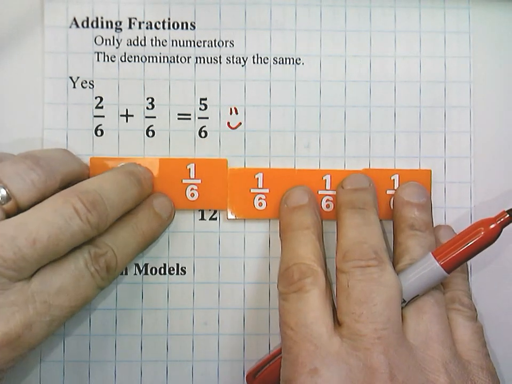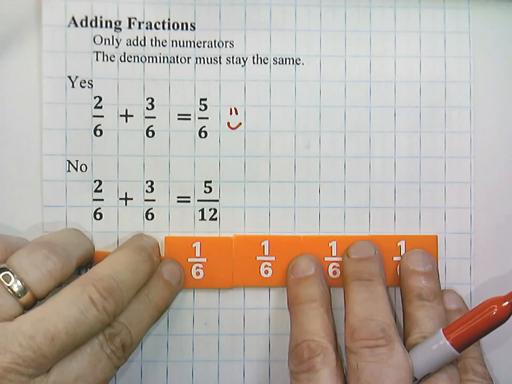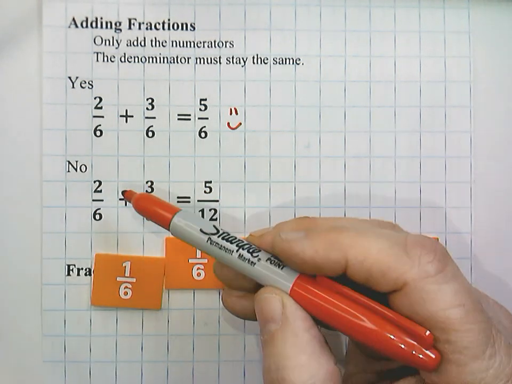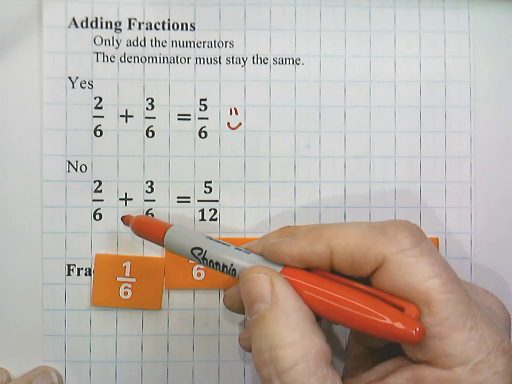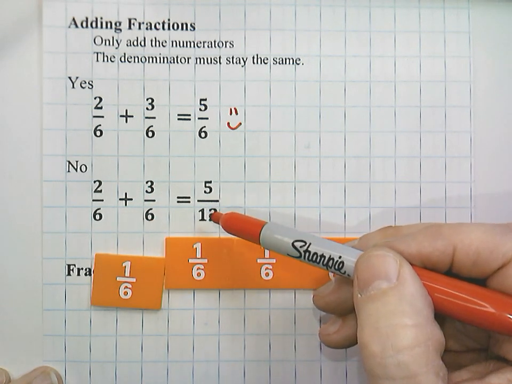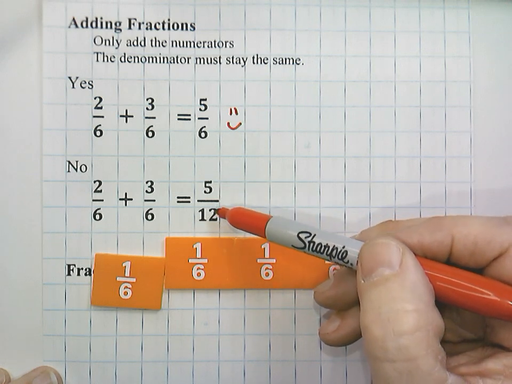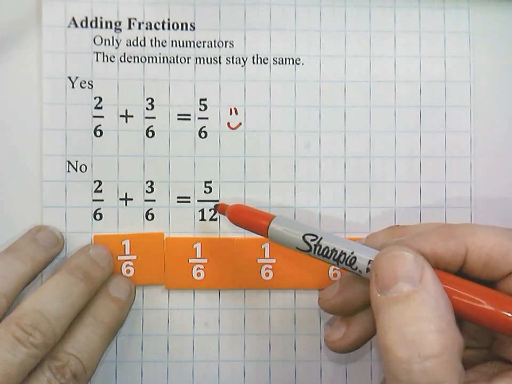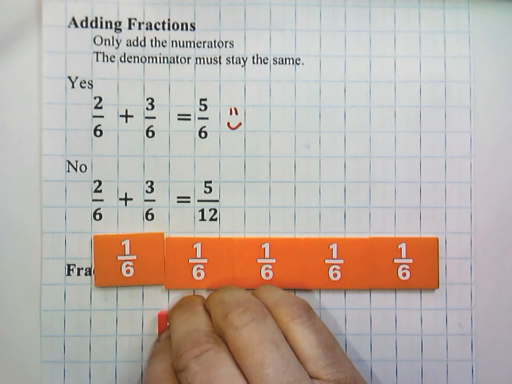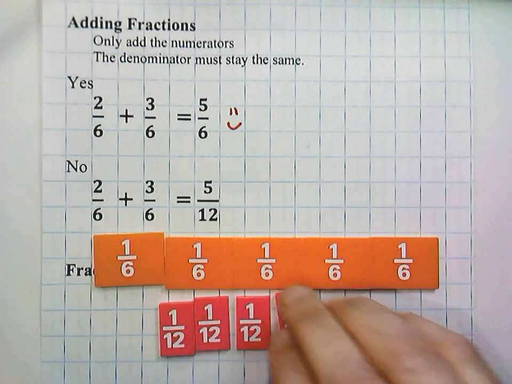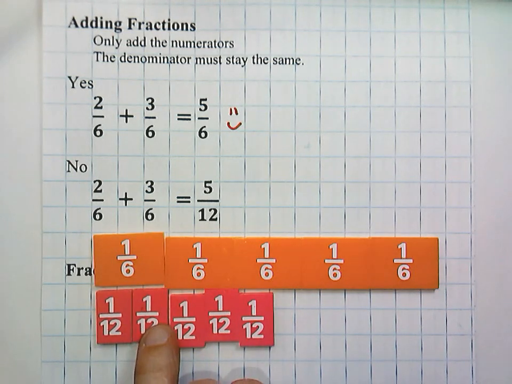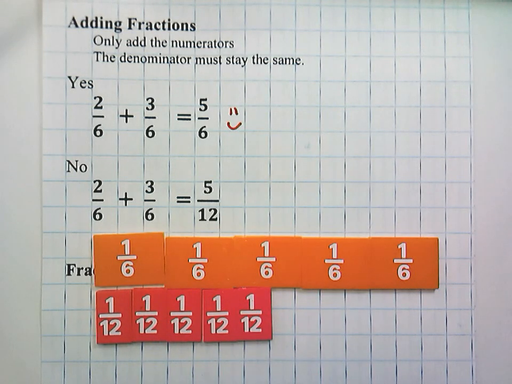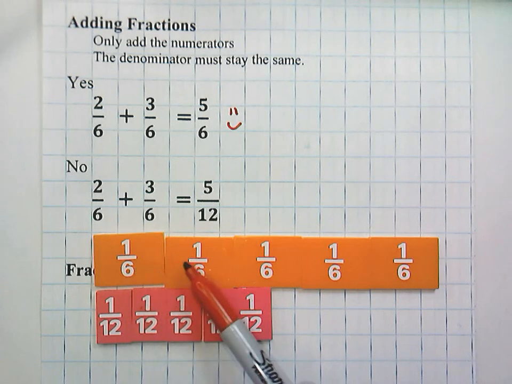What we don't want to do is say, well, we're going to add 2 plus 3 is 5, and then on the bottom, 6 plus 6 is 12, and then your answer would be 5 twelfths. Let me show you why that wouldn't work. Here are twelfths, and I'm going to show you 5 of them. Do you see the difference?